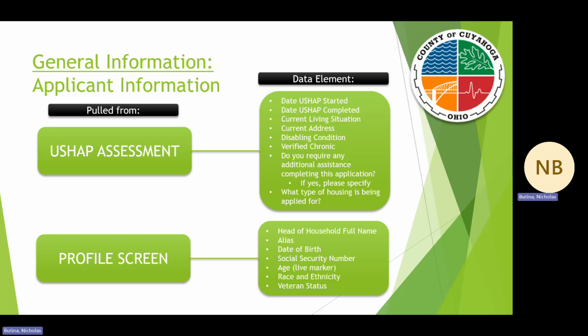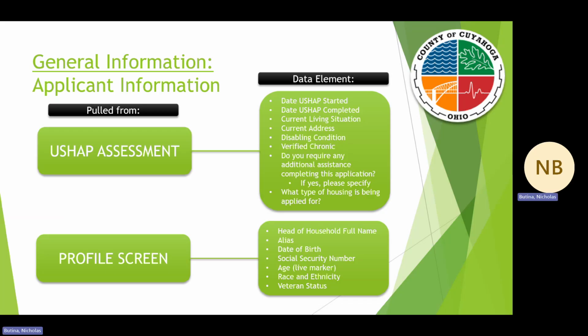It asks if they require any additional assistance completing the application, and if yes, they'll be asked to specify what they need. What type of housing is being applied for? That would be rapid rehousing, scattered site housing, or site-based buildings.